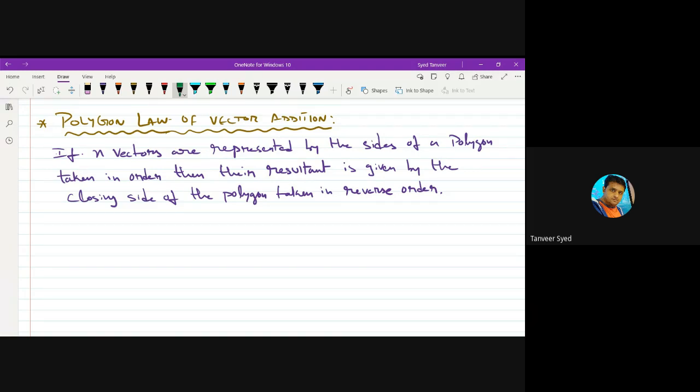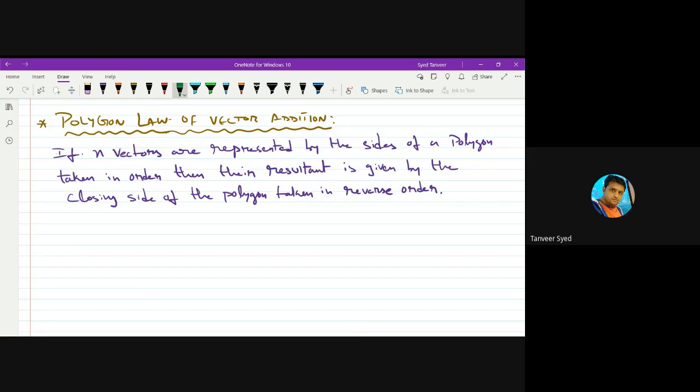Five sides, a pentagon. Six sides, hexagon. Seven sides, heptagon. Eight sides, octagon. We have names only up to 8 sides. All these are polygons, whatever number of sides it has. In general, it is a polygon.